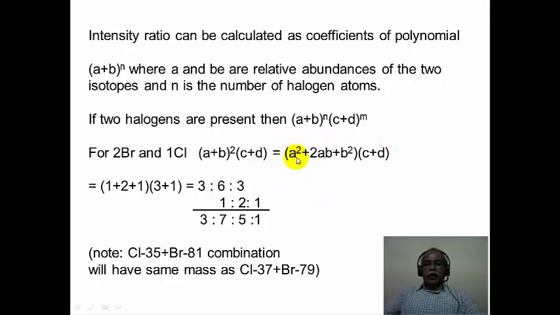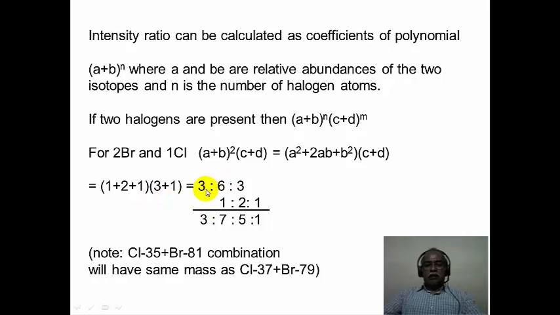Now if you plug in the abundance as a 3:1 ratio for the chlorine and 1:1 for the bromines, this is what the coefficients are going to look like. If it is chlorine-35 and 37, that will be a 3:1 ratio. If it is bromine-79 and 81, that will be 1:2:1 in terms of the coefficients of the binomial that we have expanded.